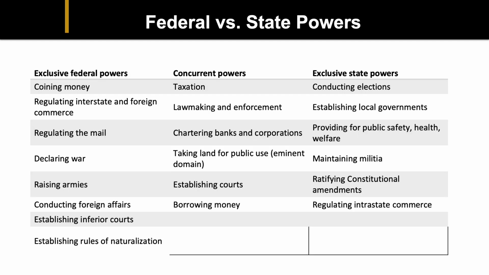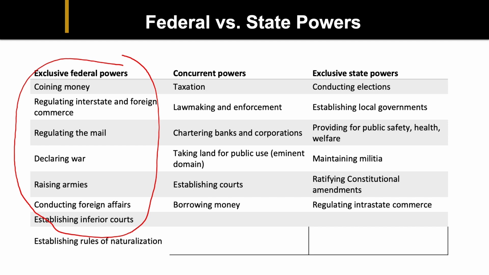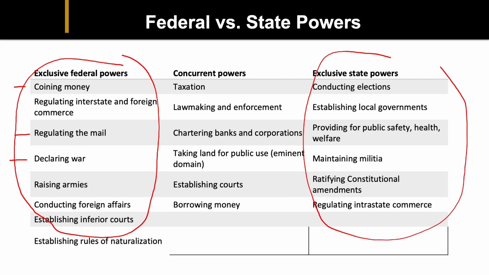But here's what the breakout of the powers looks like, federal versus state powers. There are some powers that are set out in the Constitution as exclusive federal powers: coining money, regulating the mail, declaring war, etc. There are some powers that are exclusive state powers.